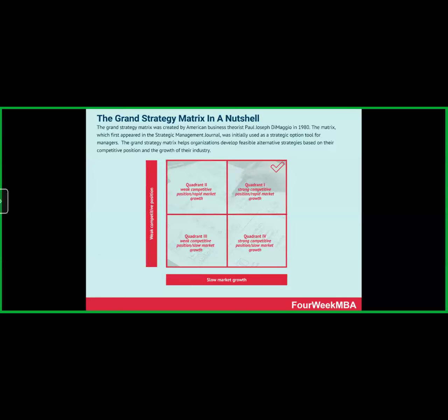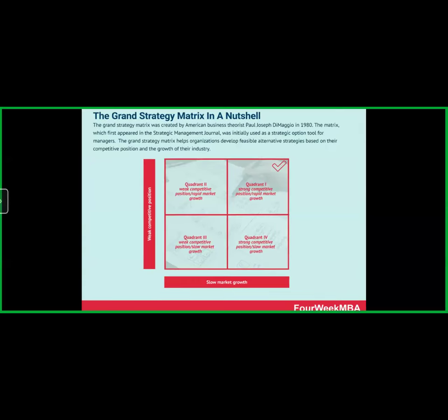So, grand strategy, the name itself says grand. It's a strategy which covers all the major aspects of the organization from the strategic management point of view.